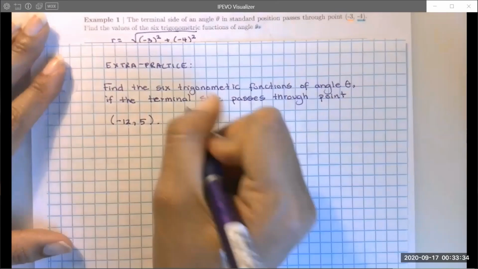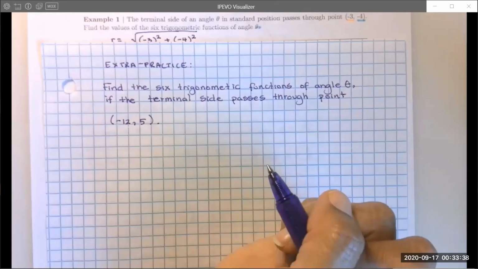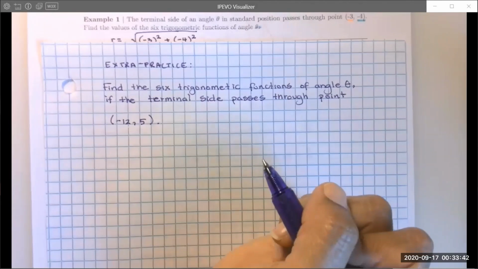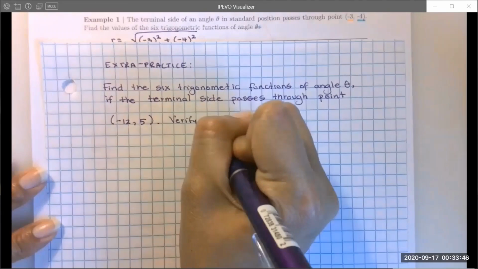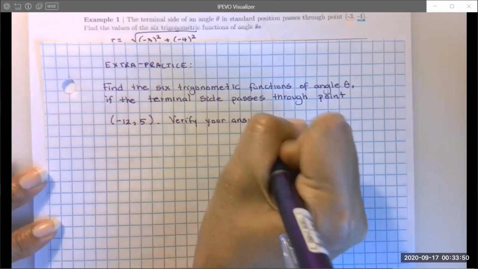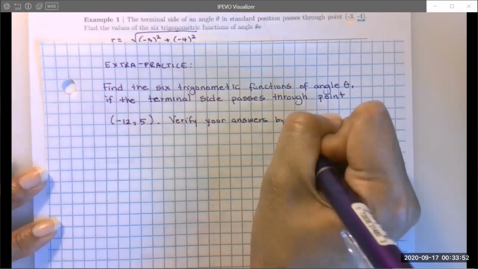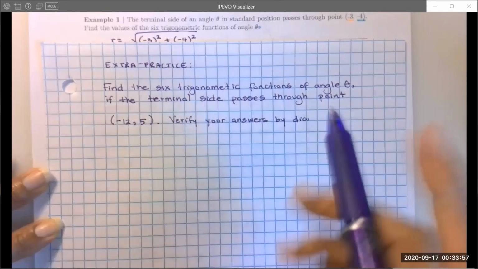And then once you have found the trig functions, verify that your answer is correct by drawing a diagram. Okay, so I'll just write that here. Verify your answers by drawing a diagram.